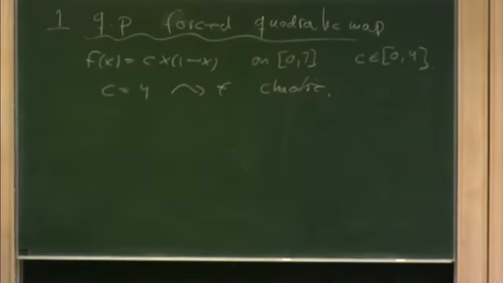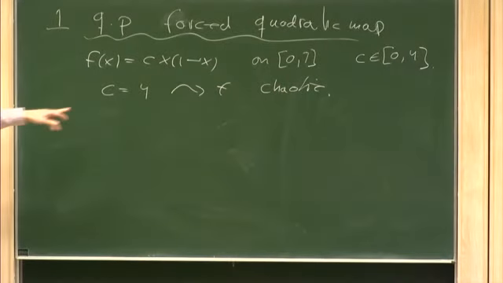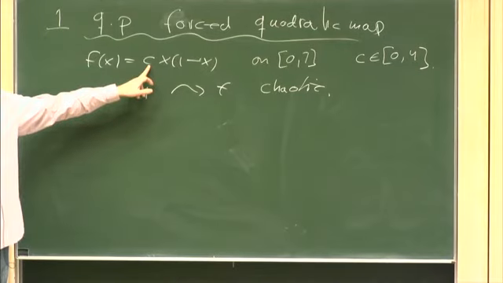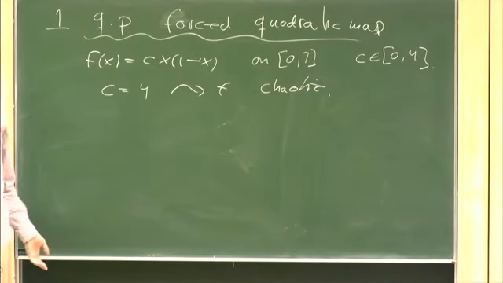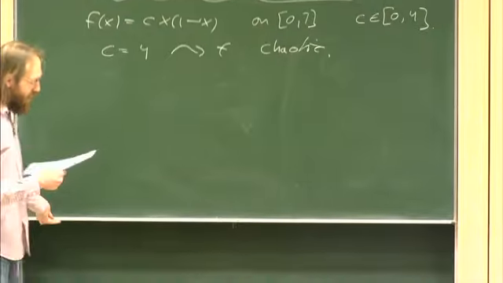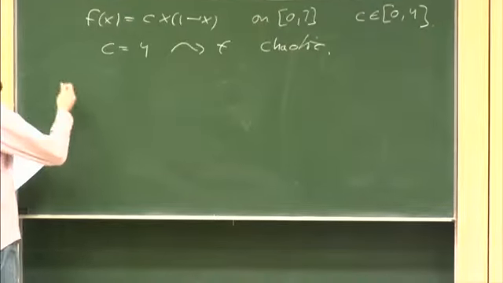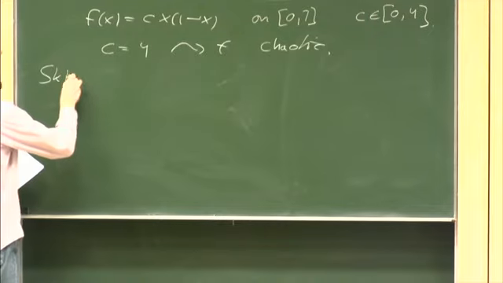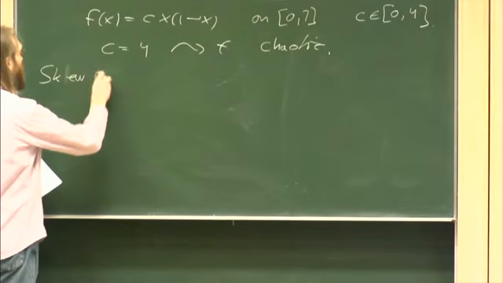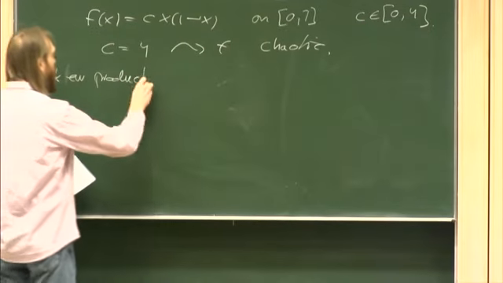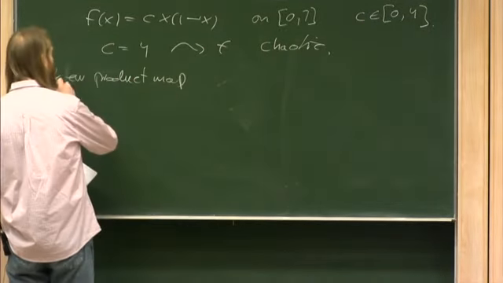Now one can imagine that we iterate this map, but instead of having this constant fixed, we let it vary with time. So we can look at a skew product map in the following way.